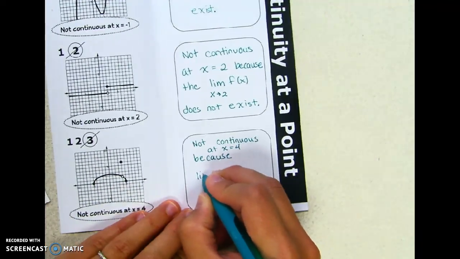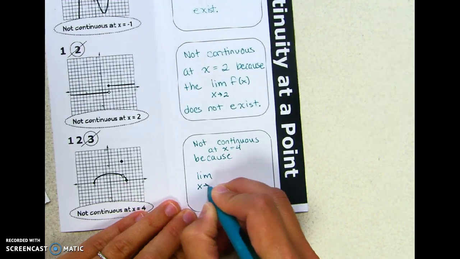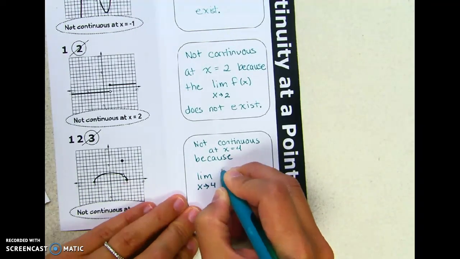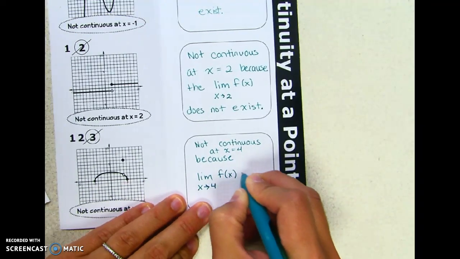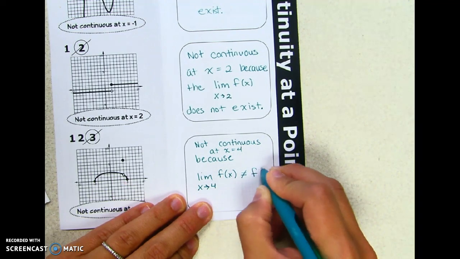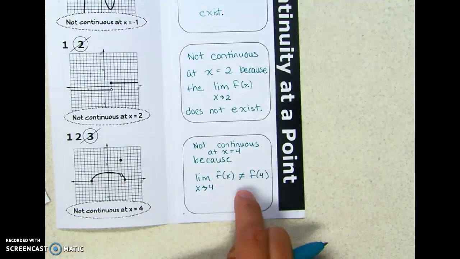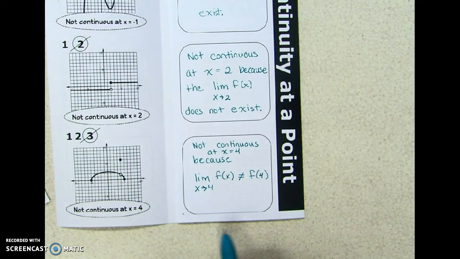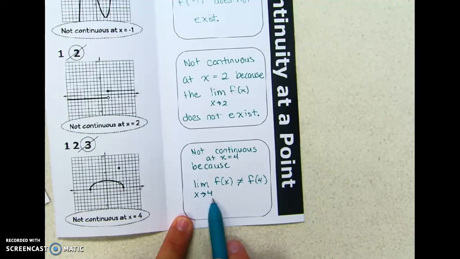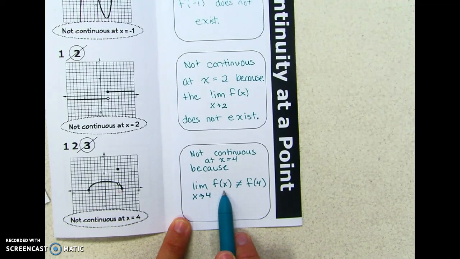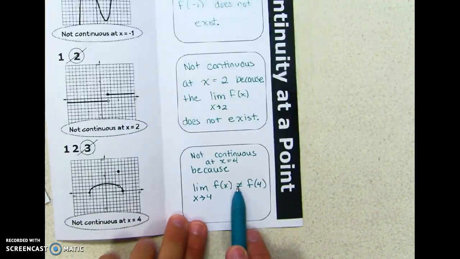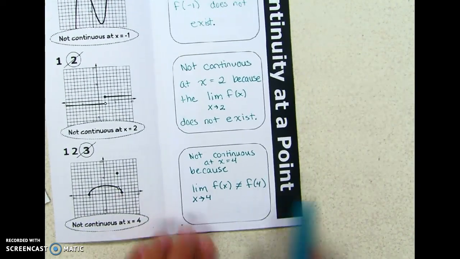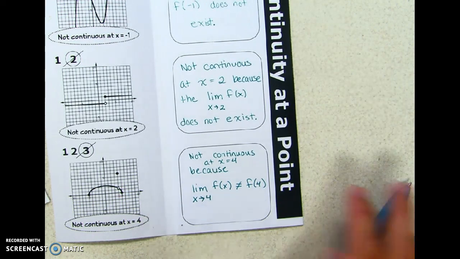This is what you need to practice, this has to be exact. The limit as x approaches 4 of f of x does not equal f of 4. There's no other way to write that. You have to write it like that. The limit as x approaches 4 of f of x, of the function, the curve, does not equal the point at 4, f of 4. Okay, so there's a little practice.